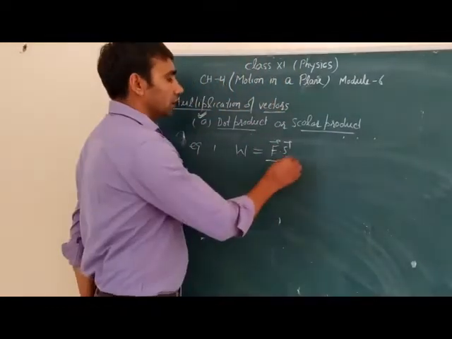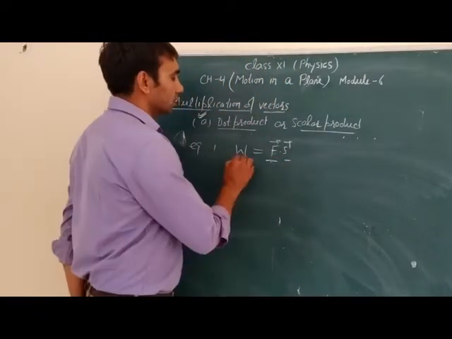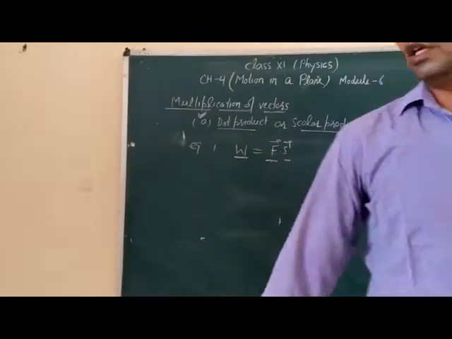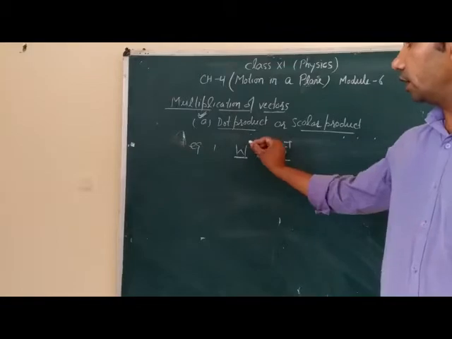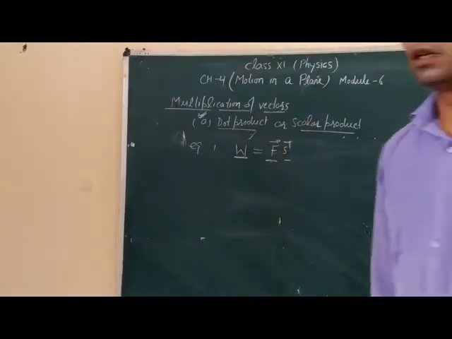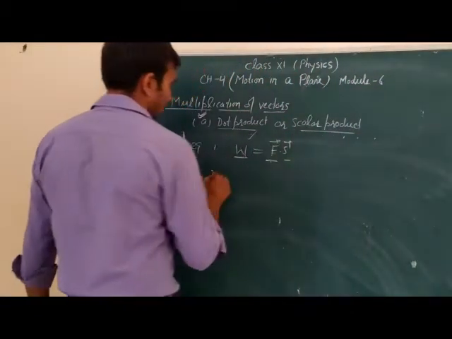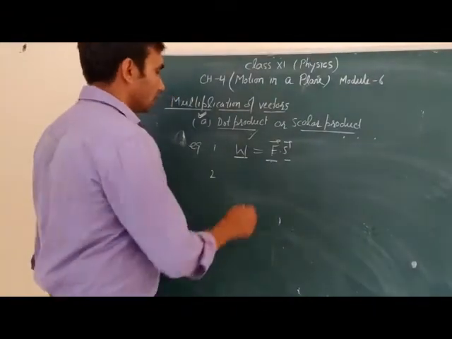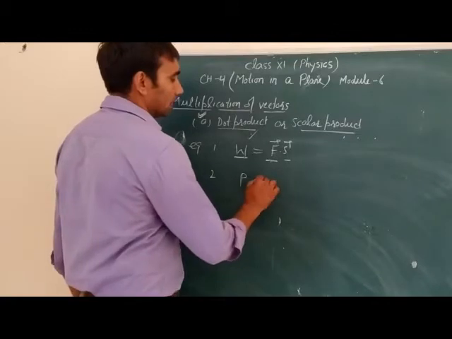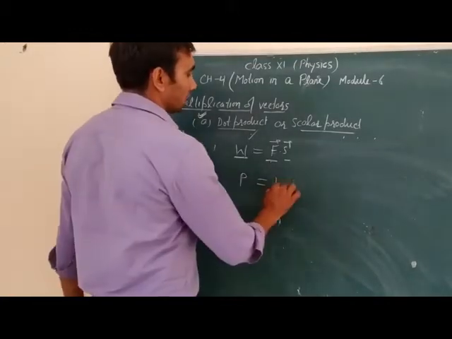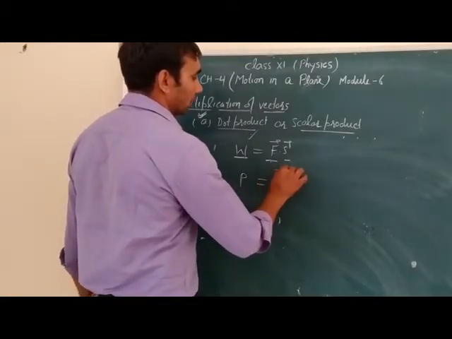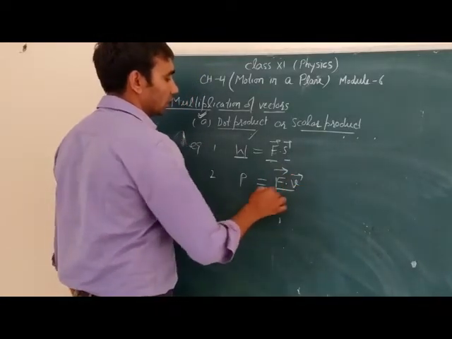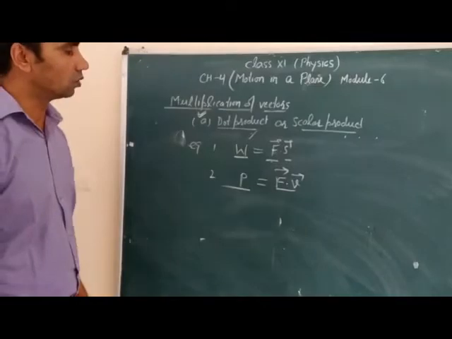The dot product of these two vector quantities gives a scalar quantity. Next is instantaneous power: P is equal to force applied on the object dot instantaneous velocity, which is power.